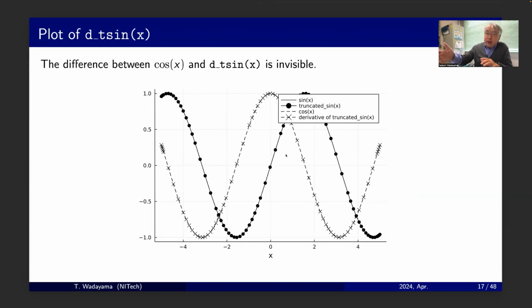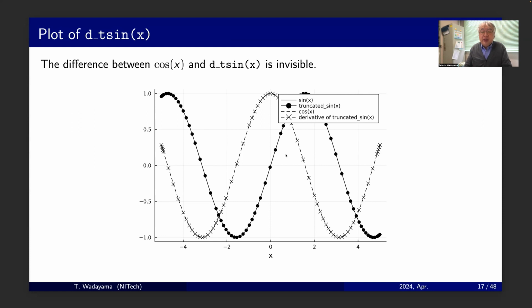Okay, let's look at the plot of d t sine of x. The marker with the x symbol represents the value of d t sine of x. The dashed curve represents the value of cosine of x. As you see, the difference between the cosine of x and d t sine of x is invisible. Very, very small difference.